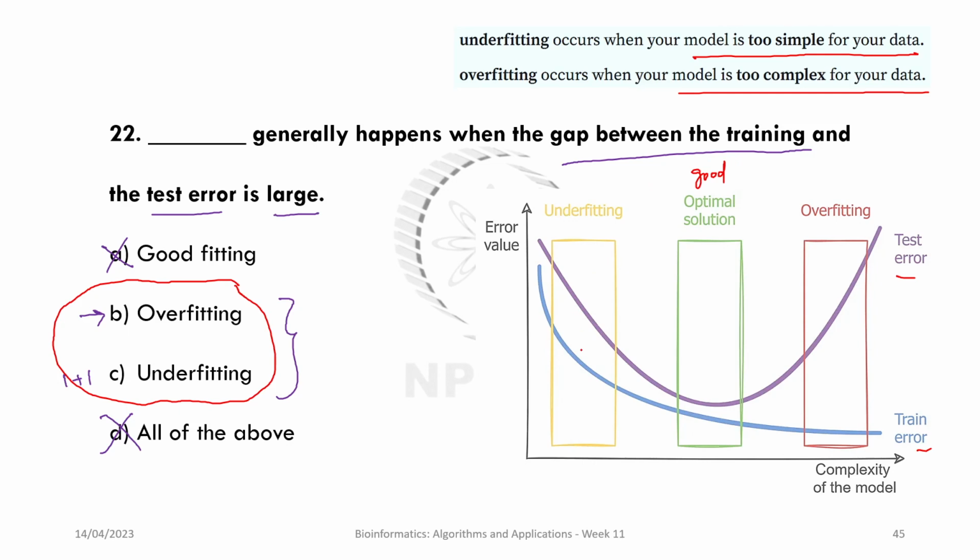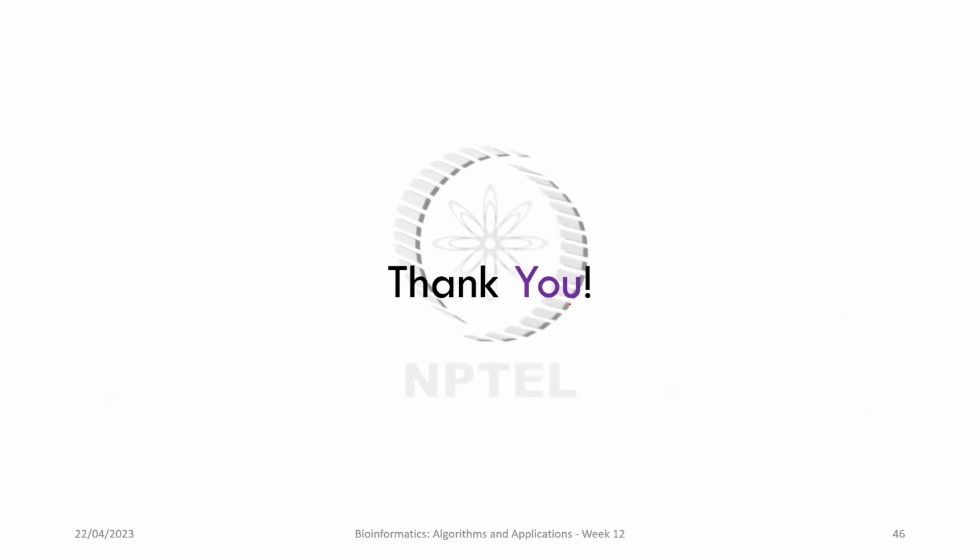And when it is too little, when the model is too simple, when you have too little data, it is a case for underfitting. Okay, so I thought this might help.